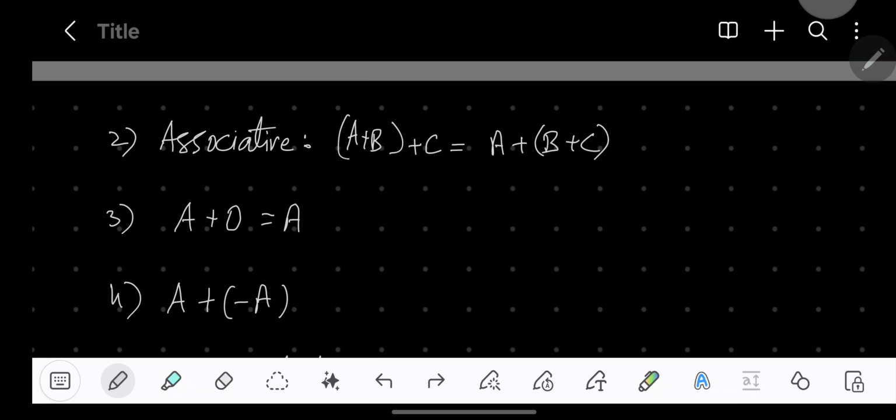Similarly, if you add the matrix A with its negation, or the additive inverse, both will cancel. You will get the zero matrix. Instead of the number 0, you will get a zero matrix because we are dealing with matrices.